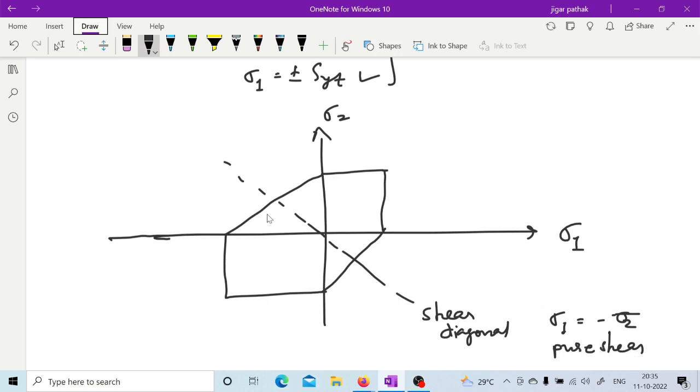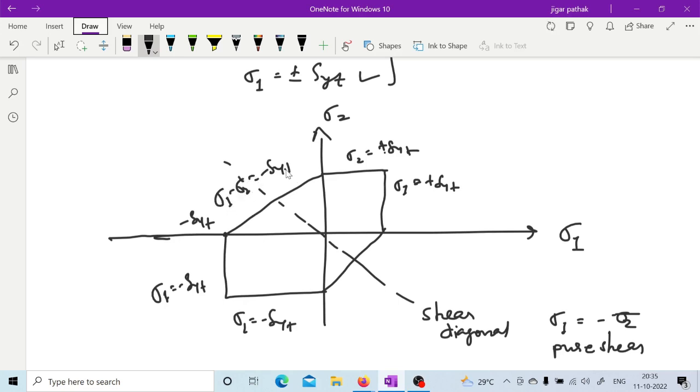Now, as we have considered, this is sigma 2 equal to minus Syt, this is sigma 1 equal to plus Syt, this is sigma 1 equal to minus Syt. Now if you consider this as minus Syt, then this equation is sigma 1 minus sigma 2 equal to minus Syt, because here sigma 1 is there, sigma 2 is 0. Here if you consider plus Syt, then this line is sigma 1 minus sigma 2 equal to plus Syt.